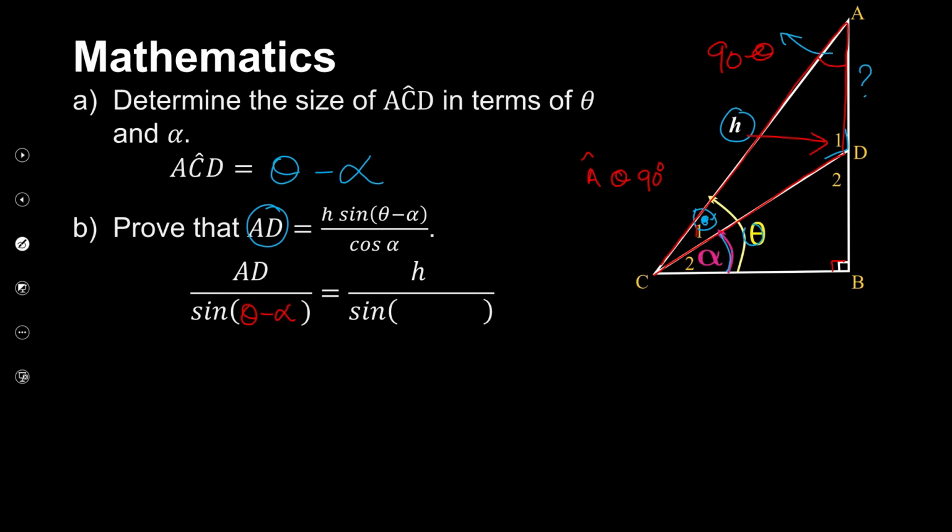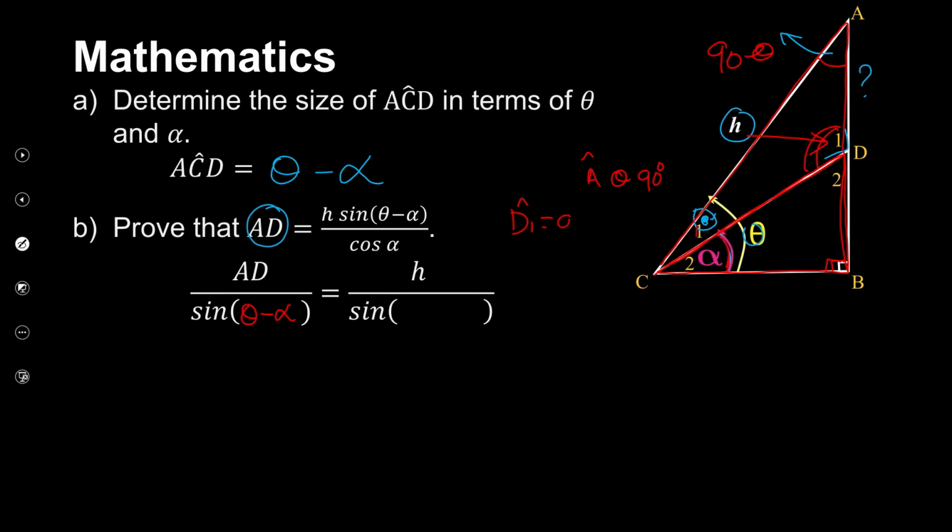The angle across from H is D1, but we need to find D1 in terms of the angles that we have. If you notice, D1 is an exterior angle to this triangle here. So D1 has to equal that angle plus this angle here.